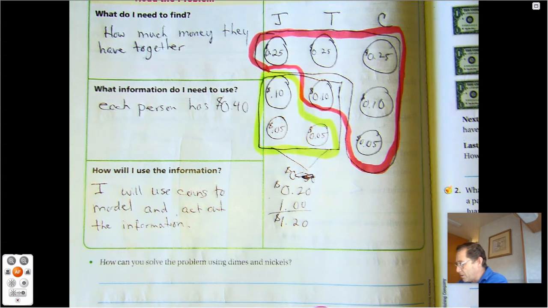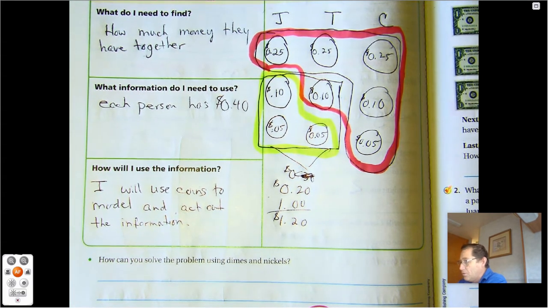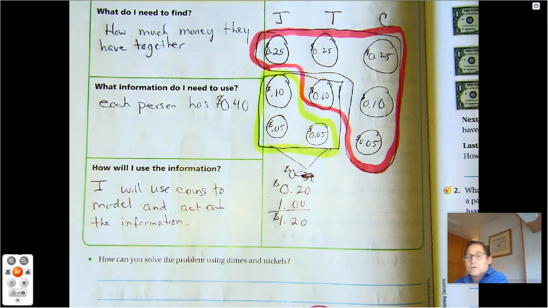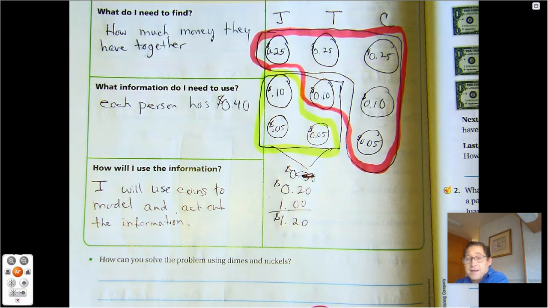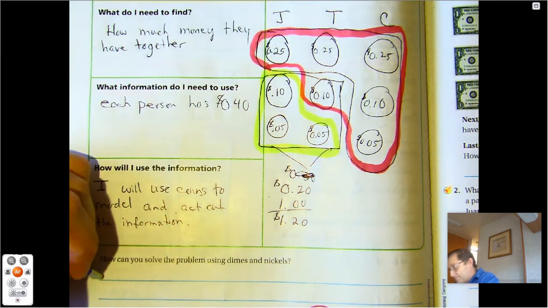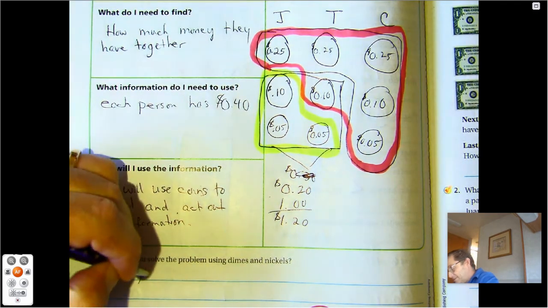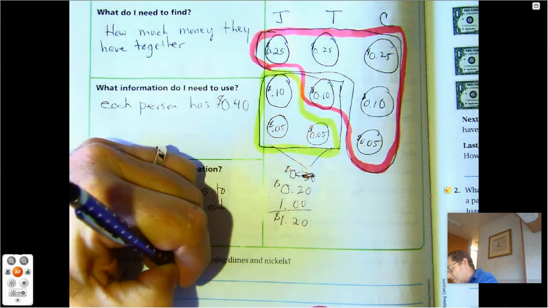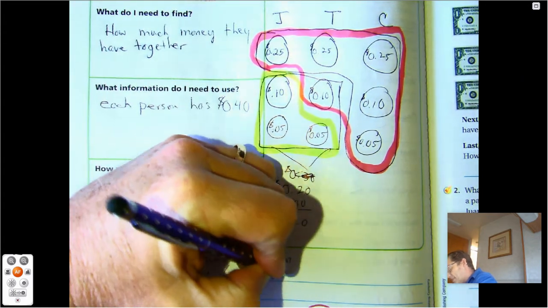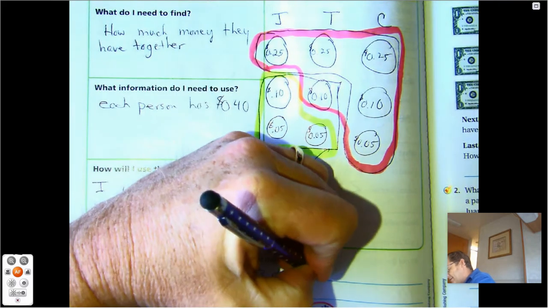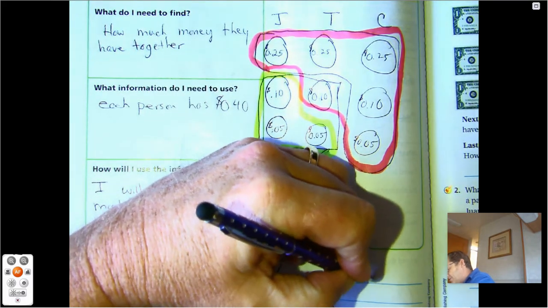How can you solve the problem using dimes and nickels? Okay, so in this case, if they had 40 cents, we could say, again, this is just one possibility. I could say 3 dimes. Each person could have 3 dimes and 2 nickels.